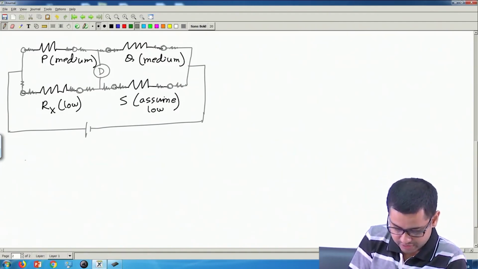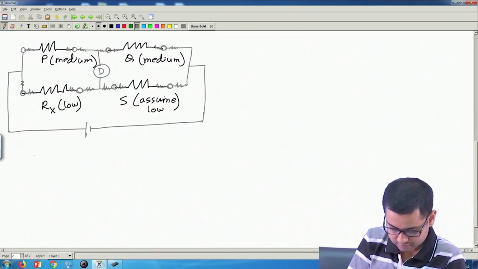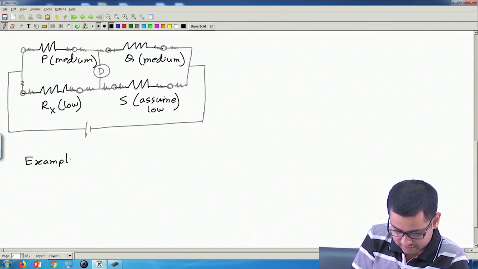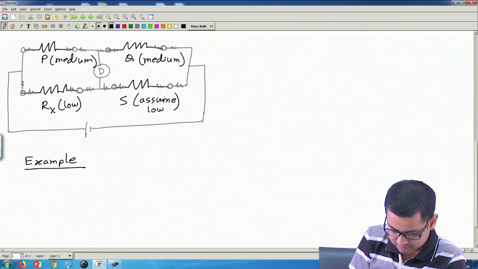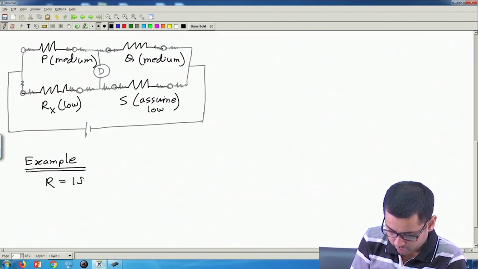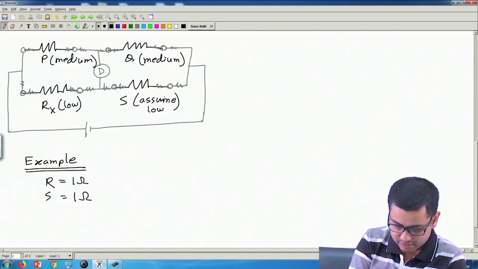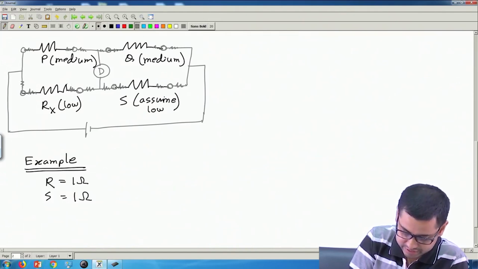Let us take an example. Say R is 1 ohm, small, S is also 1 ohm, okay, and say this contact resistance here comes out to be, say, 0.5 ohm.